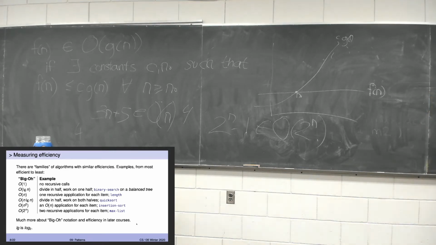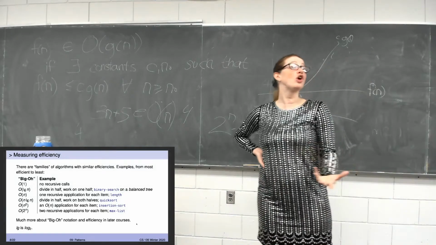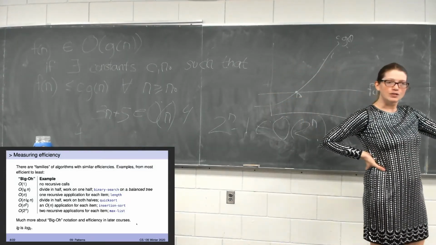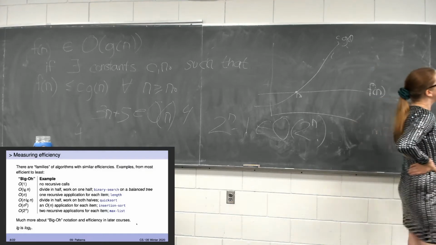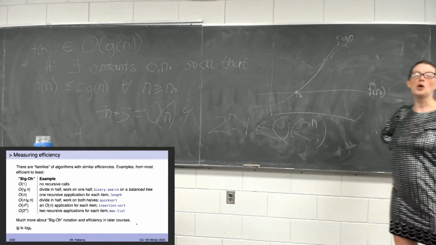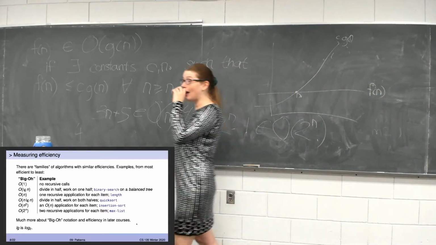Now n log n is one you may have seen before if you've done anything with sorting, because comparison-based sorting, like merge sort and quick sort, that's actually as fast as they can go. They can't go faster than that. Again, the proof of that is CS240. And then things like insertion sort, they're n squared. And then our max list is 2 to the n, which is really bad. Really, really bad. Although I've seen worse.